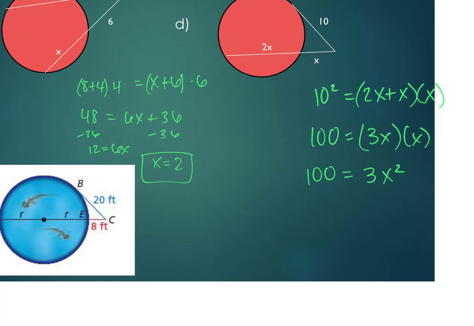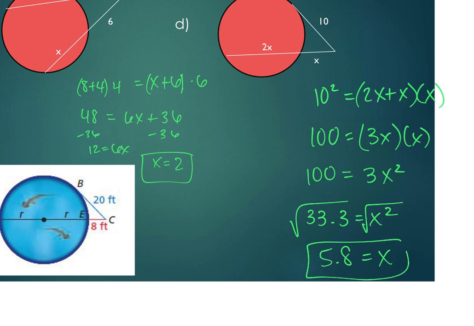You would divide by 3 to both sides. So you would get 100 divided by 3, which gives me 33.3 equals x squared. And we would take the square root of both sides. And we would get 5.8 equals x.